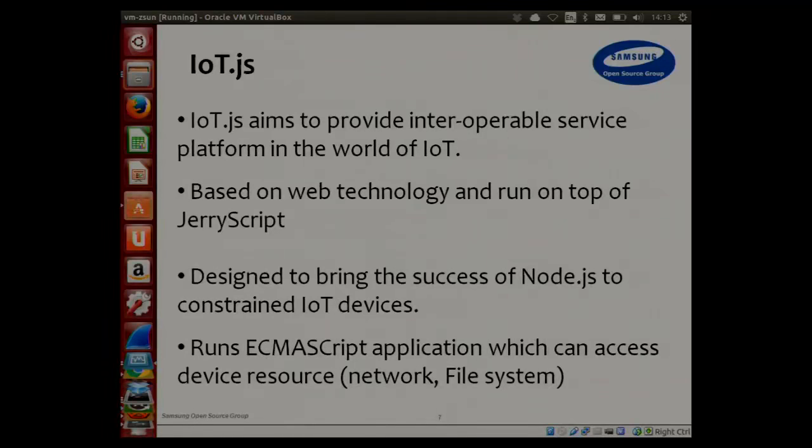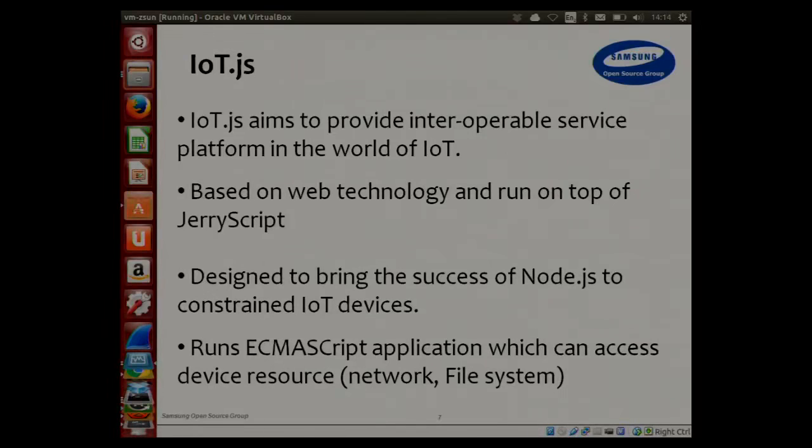When we designed this platform, we had the success story of Node.js in mind. So the architecture is trying to be as close and as friendly to Node.js as possible. On the other hand, we try to make the memory consumption as small as possible to fit more constrained devices.